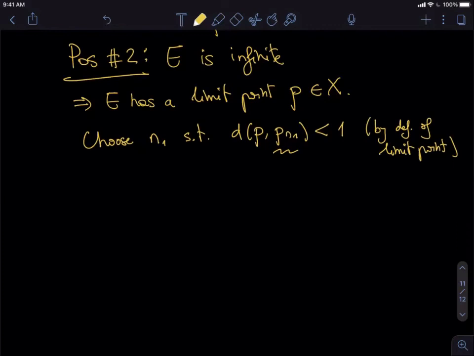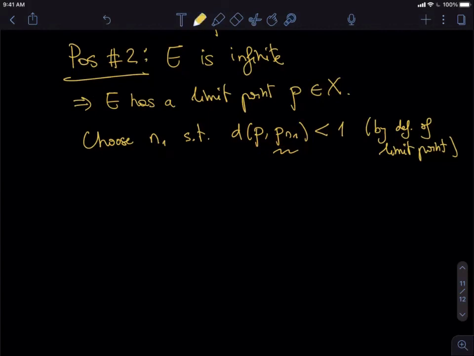P is a limit point if and only if every neighborhood of P contains some element of E, at least one that is different from P. Because E is the range of the sequence, that means that when I take the neighborhood of radius 1 around P, there is some point. That point, I call it Pn1.